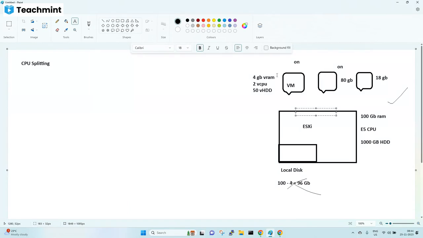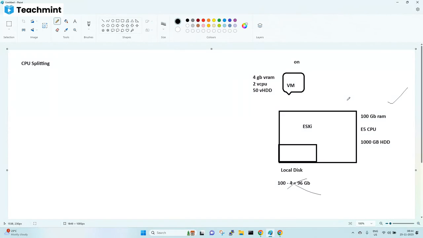If you power on all together, then there will be a problem, more than 100%. If you don't power on this machine, if you power on only these two, 98 GB RAM, that's still okay. So you can create VMs, but how many VMs you are powering on and the quantity of RAM usage on the powered on VMs only matters.